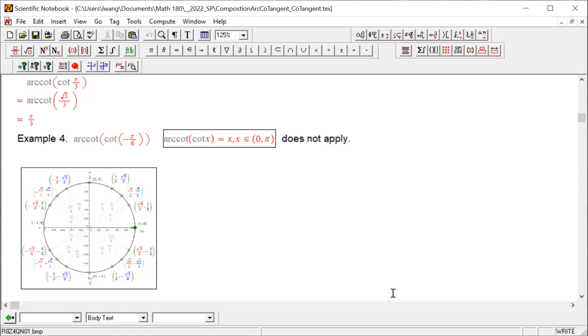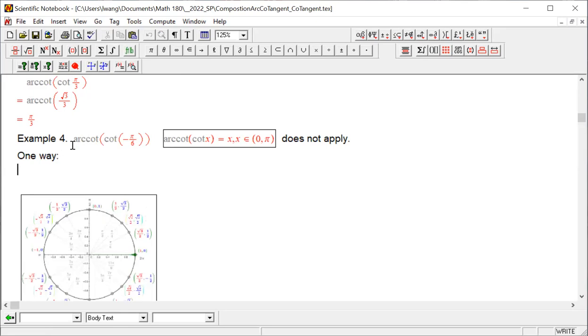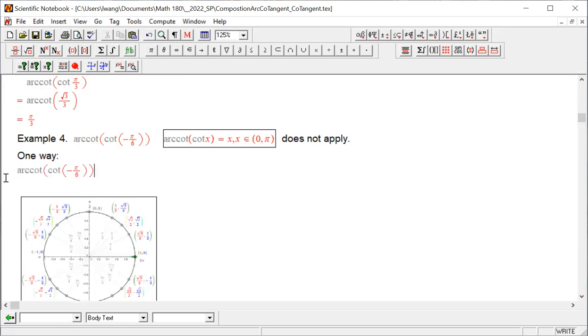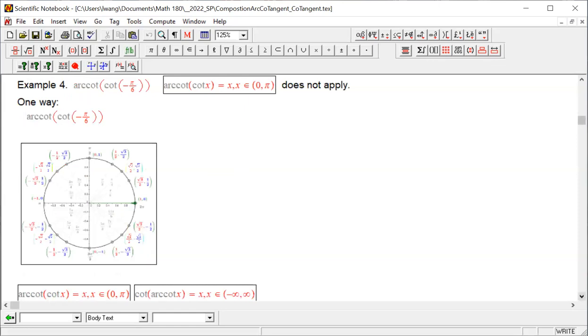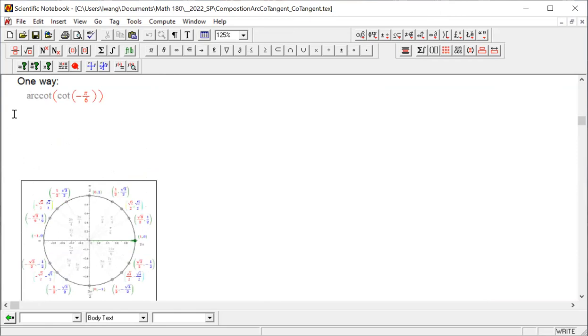What can we do? There are two ways we can do this. One way is the following: we just do it from inside out. If we do it from inside out, we do the inside first.